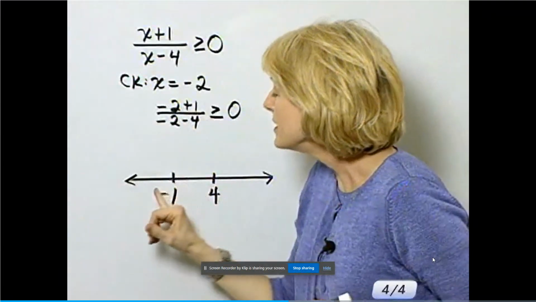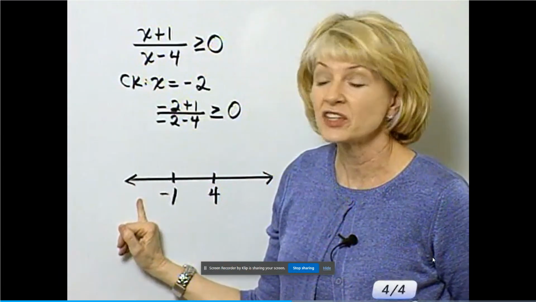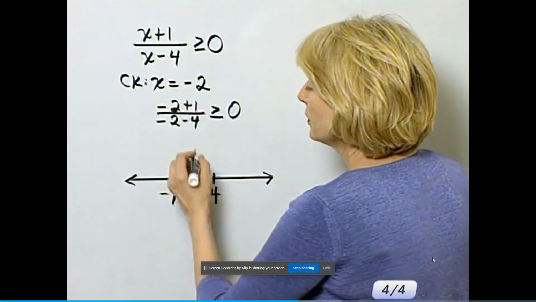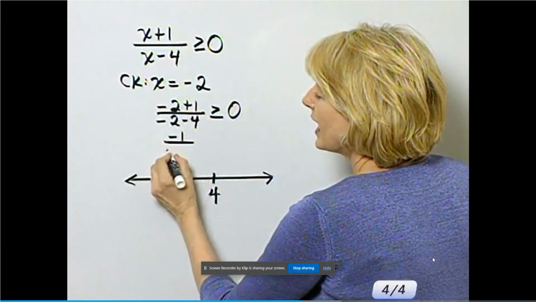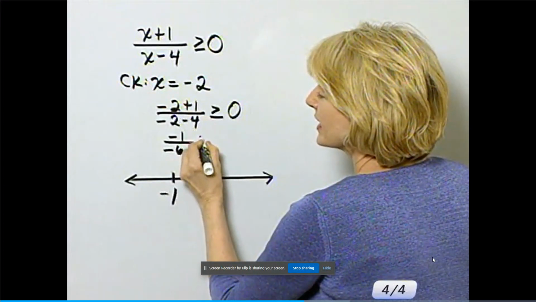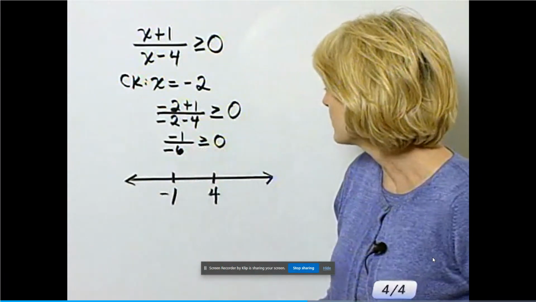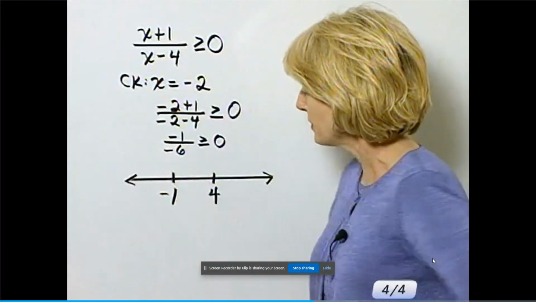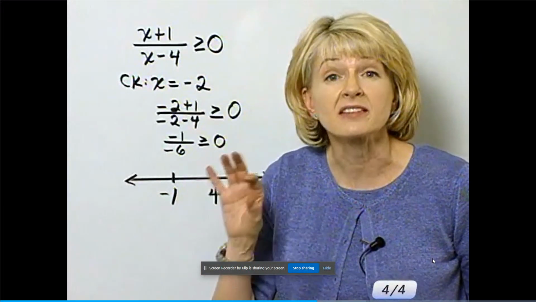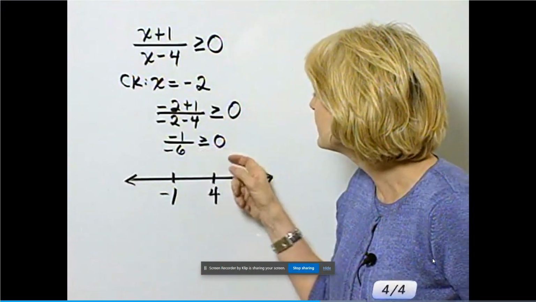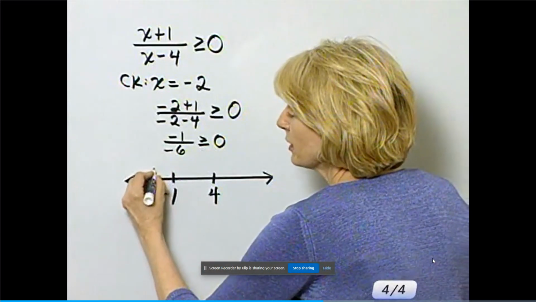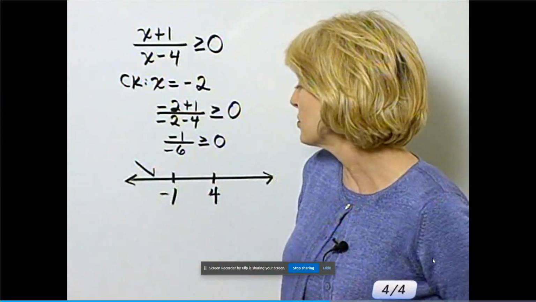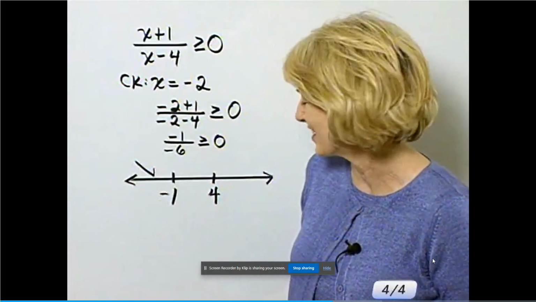We just want to know, does any number in this region make this a true or false statement? Negative 2 plus 1, that's negative 1, and in the denominator, that's negative 6. So is that a true or false statement? Well, negative 1 over negative 6 is 1/6. 1/6 is greater than or equal to 0. So this region is in the solution set. It is a solution region.